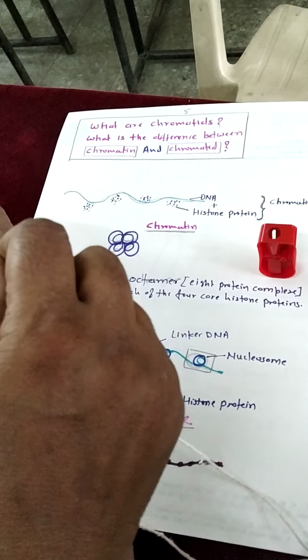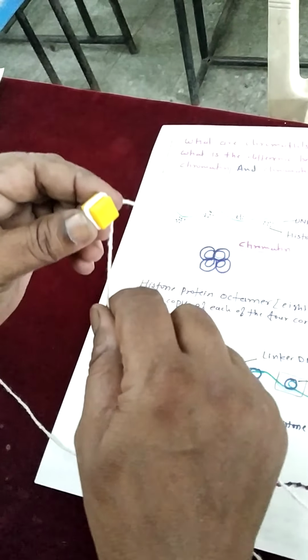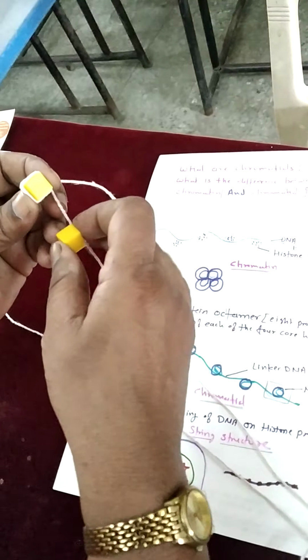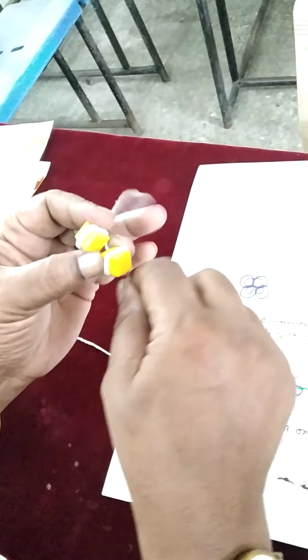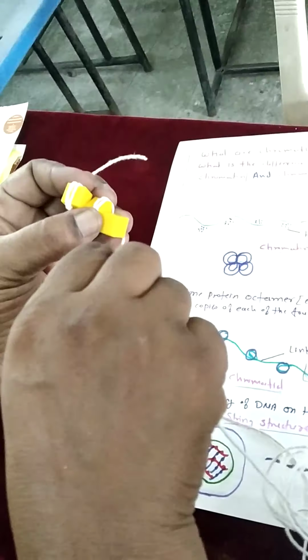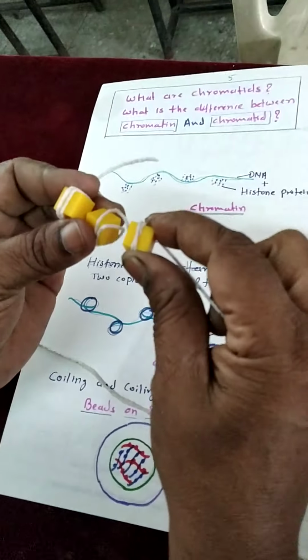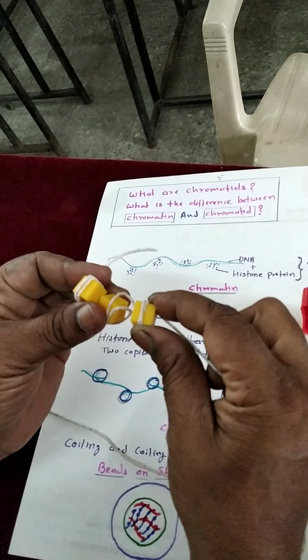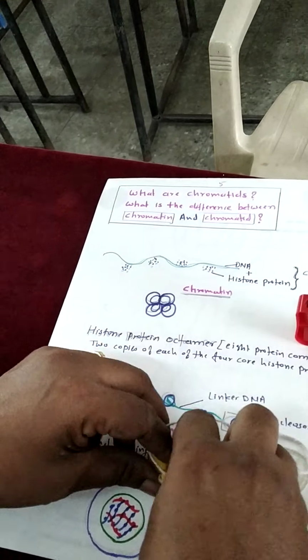How does it decrease its length? It coils around. Now it starts coiling around the histone protein, like this, in this manner. Can you see here? These are the histone proteins, and the DNA molecule coils around the histone protein.